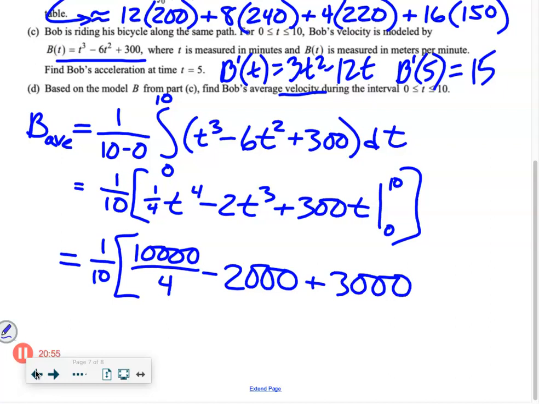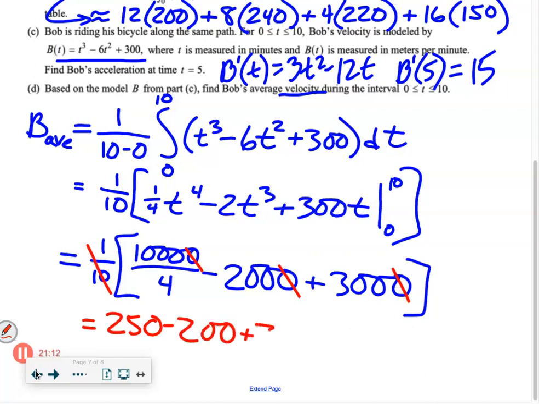If you plug in the 0, it all just goes to 0. So then you can kill off a 10. Kabam, goodbye. And 1,000 over 4 is 250. So you have 250 minus 200 plus 300, which is equal to 350. And this is in meters per minute.